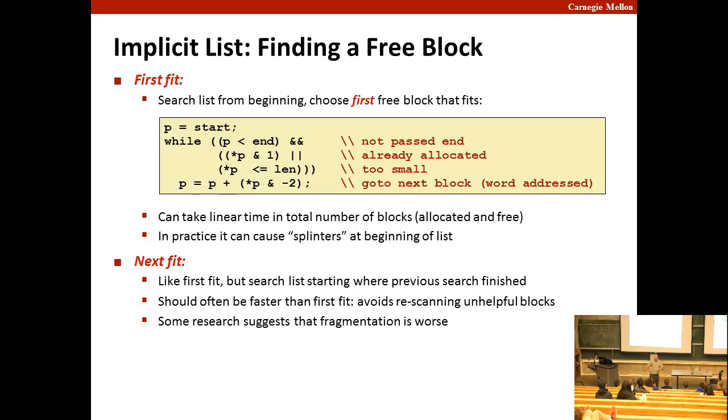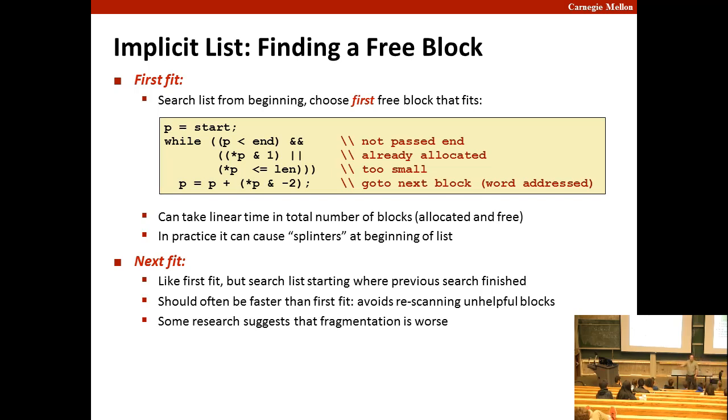And so all the small chunks find their way to the beginning, and I'm just walking past them longer and longer until I actually get there. Does that make sense?